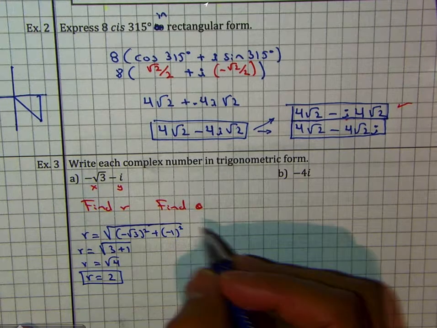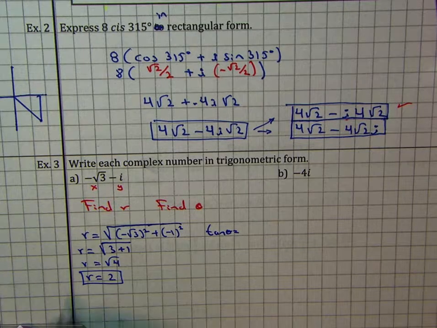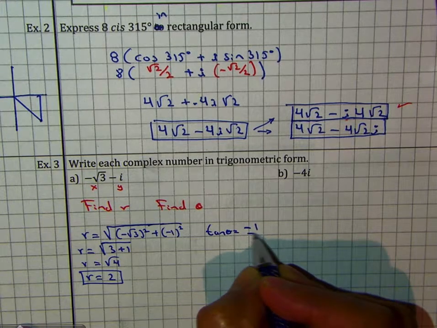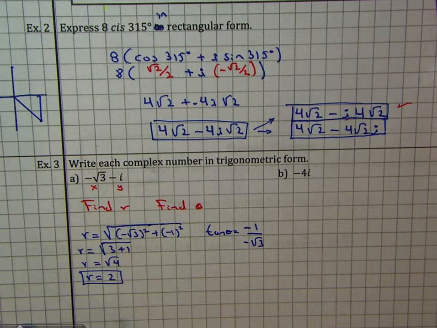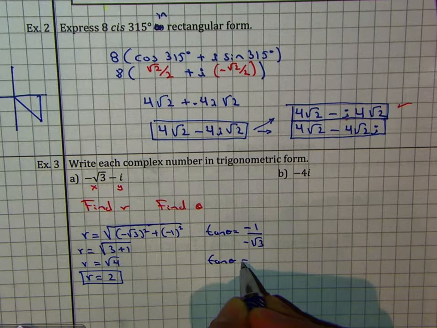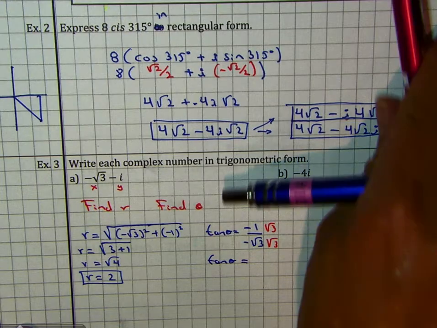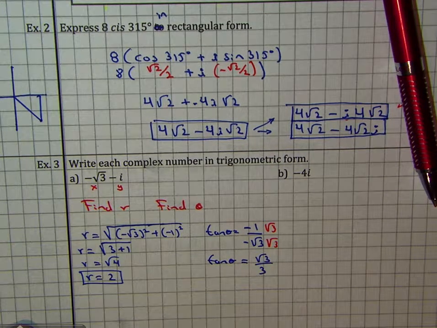Now to find your angle, we are going to use tangent of theta equals y over x, so it'll be negative 1 over negative square root of 3. The negative becomes a positive, so the tangent of theta equals, I'm going to rationalize my denominator, square root of 3 over 3. Now square root of 3 over 3 is one of the angles that you do know for tangent.